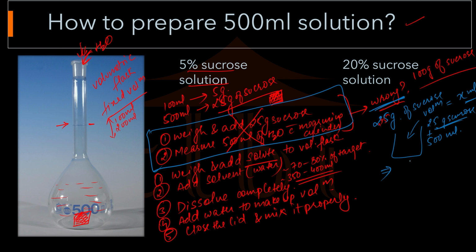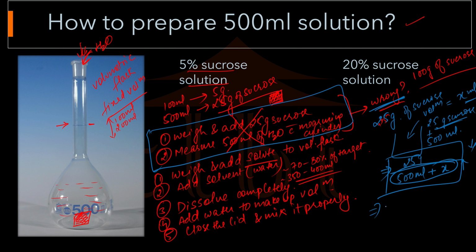So what will be the final concentration? You have solute of 25 gram and it will be dissolved in 500 ml of solution plus x volume, which is coming from the solute itself. Now, because this denominator is going higher than 500, our target, that means this whole value will be finally lower.